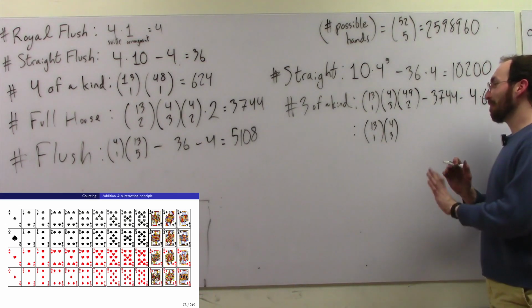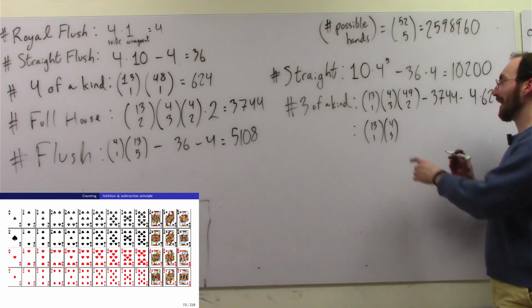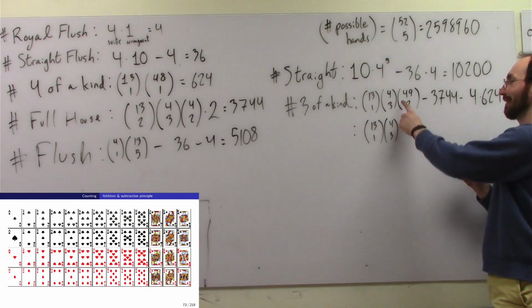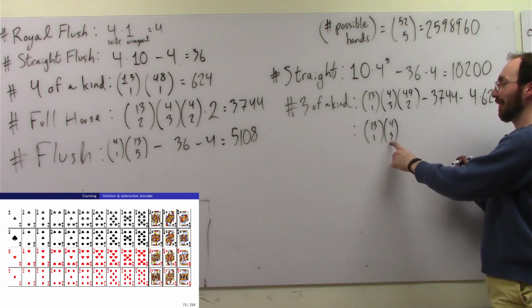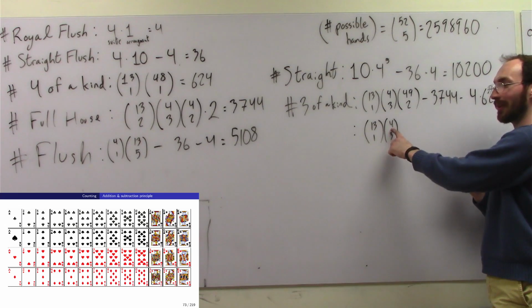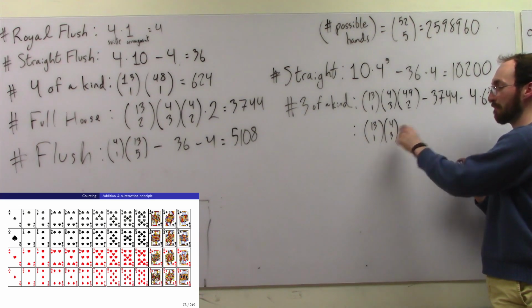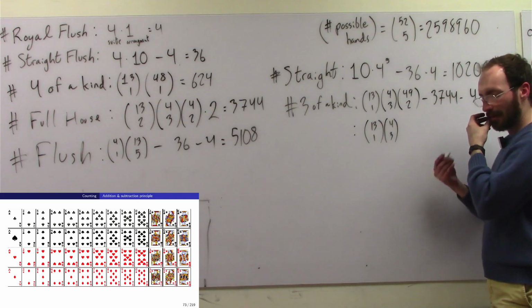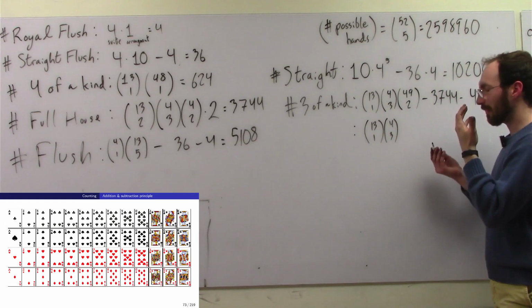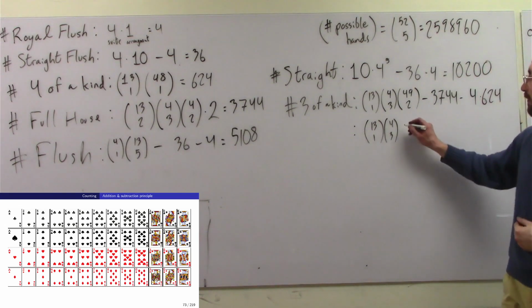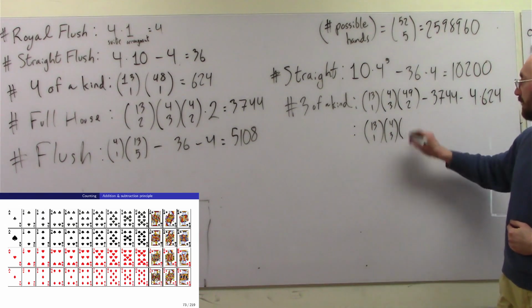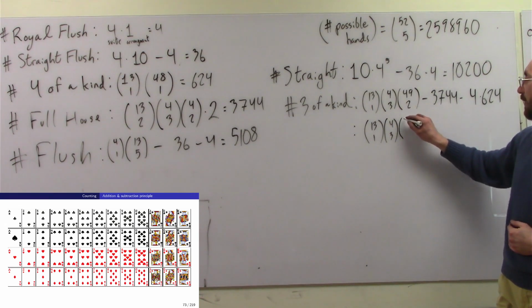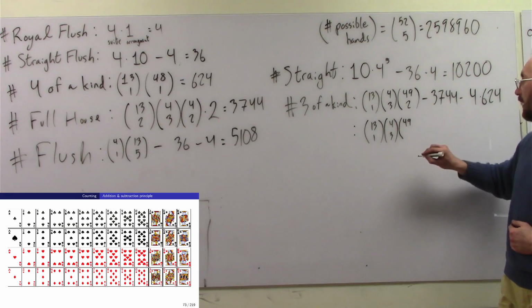And now it's not that bad. I chose these 3 cards, but I don't want to get the same card of the same rank again. So let's choose from the 49 remaining.